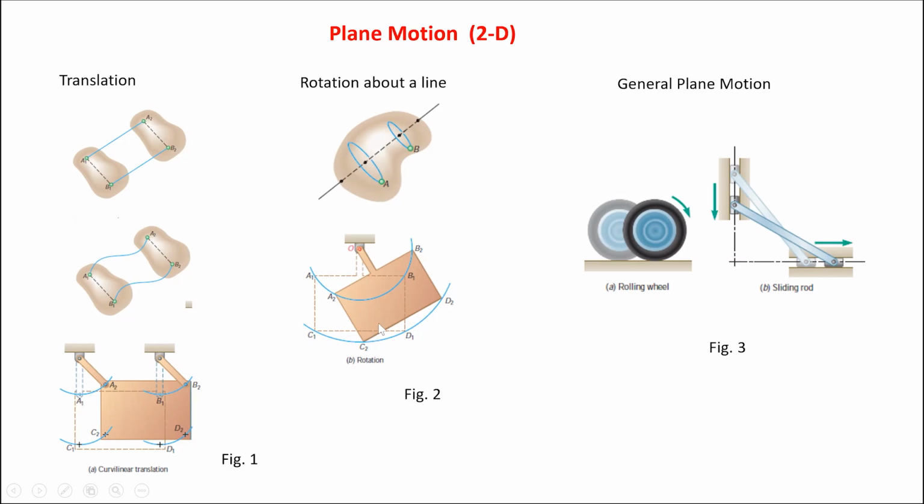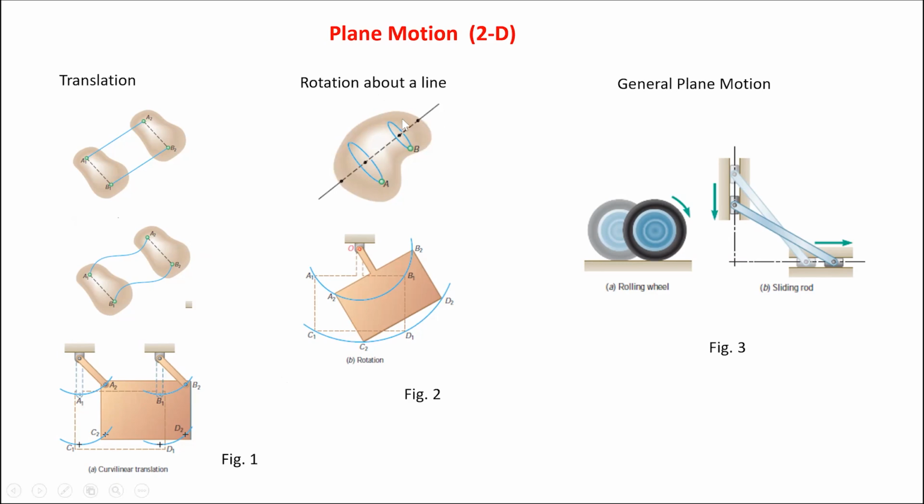Whereas here is the other part of the plane motion. The first one is translation, rectilinear or curvilinear. The other is rotation. Here the body is big; don't think that it is very thin like paper or even a small slab.